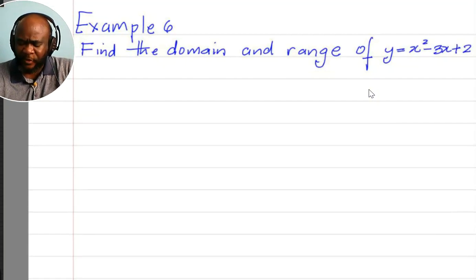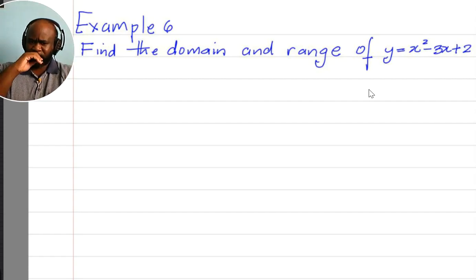Find the domain and range of y is equal to x squared minus 3x plus 2. I guess this could be best illustrated by a sketch of the relation y is equal to x squared minus 3x plus 2. Let's do a sketch of it.